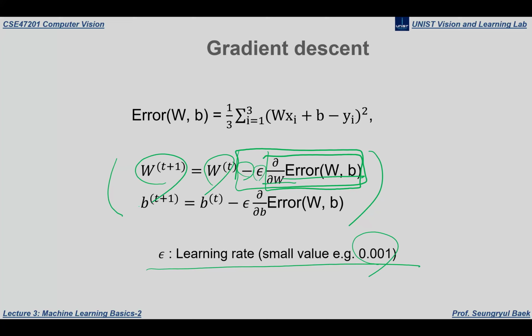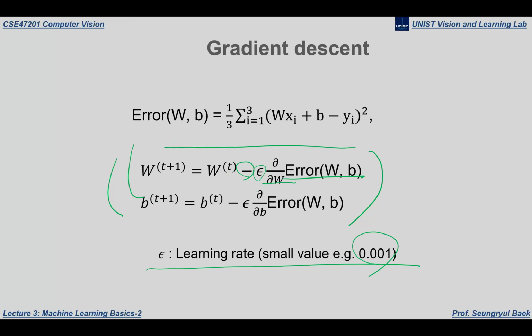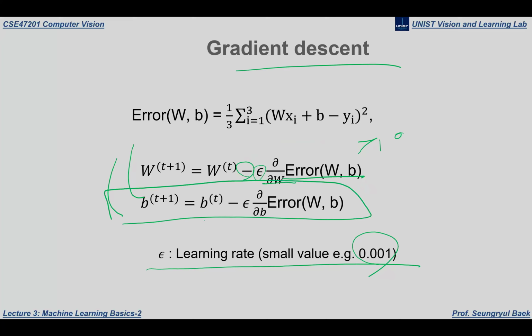You iterate this formula again and again until your gradient goes to 0. This is gradient descent, and the same thing happens for the b value.